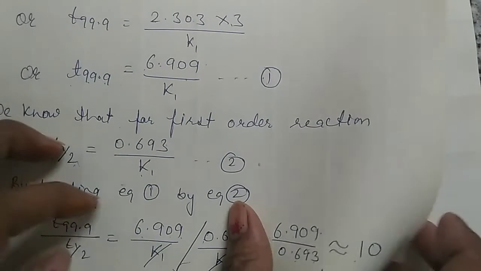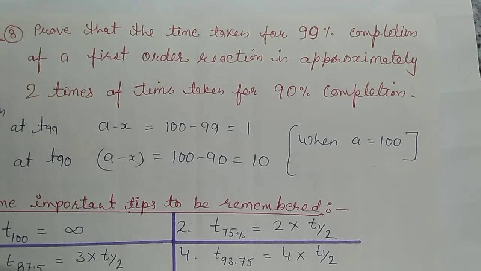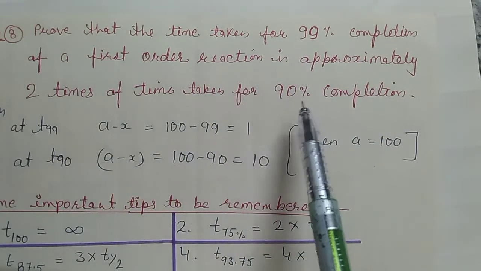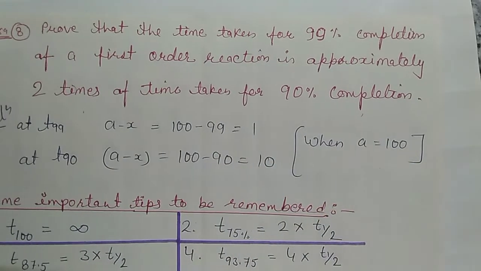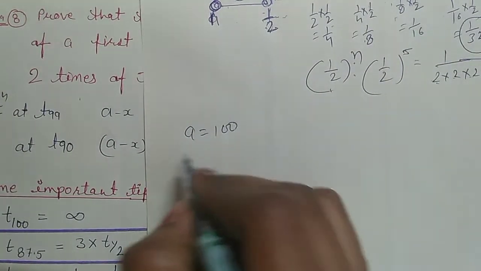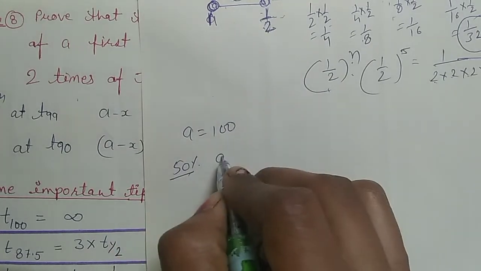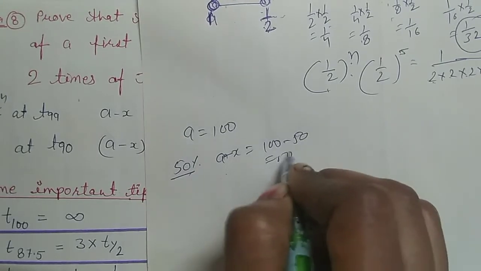Okay, one more example here. Prove that the time taken for 99.9% completion of a first order reaction is approximately 2 times the time taken for 90% completion. We have to learn that we always assume that A is equal to 100. If 50% reaction is completed, then A minus X will be 100 minus 50, means 50.